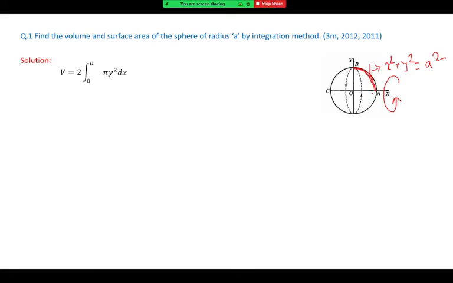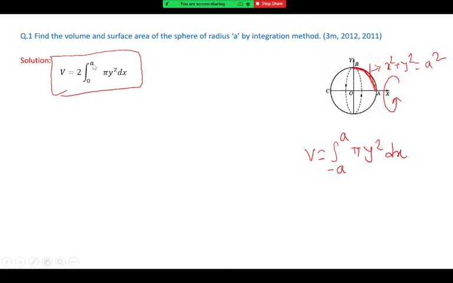If you don't want to rotate only the arc in the first quadrant, you have to give the limit of x from minus a to plus a, so V is the integral from minus a to a of pi y square dx. So this is one way, or the other way is 2 times integral 0 to a of pi y square dx. I hope no one has a problem with this formula. The limit of x is taken from 0 to a, so you'll observe x varying from 0 to a. So only this arc is rotating.